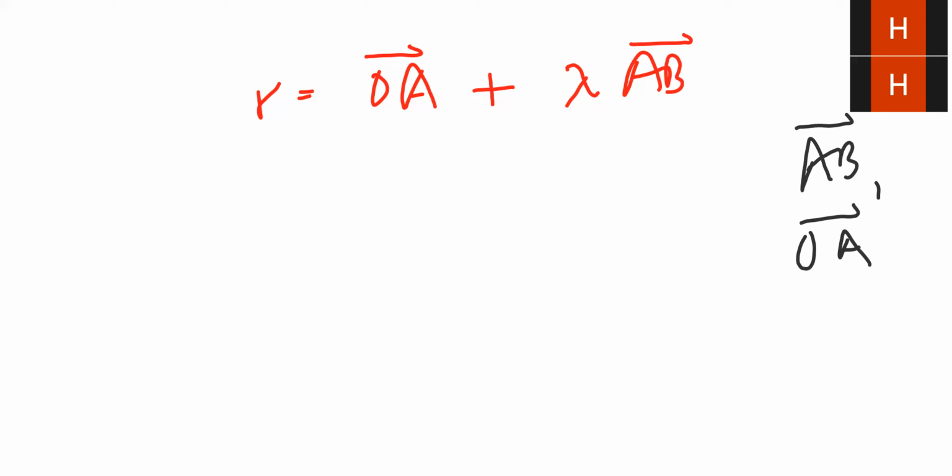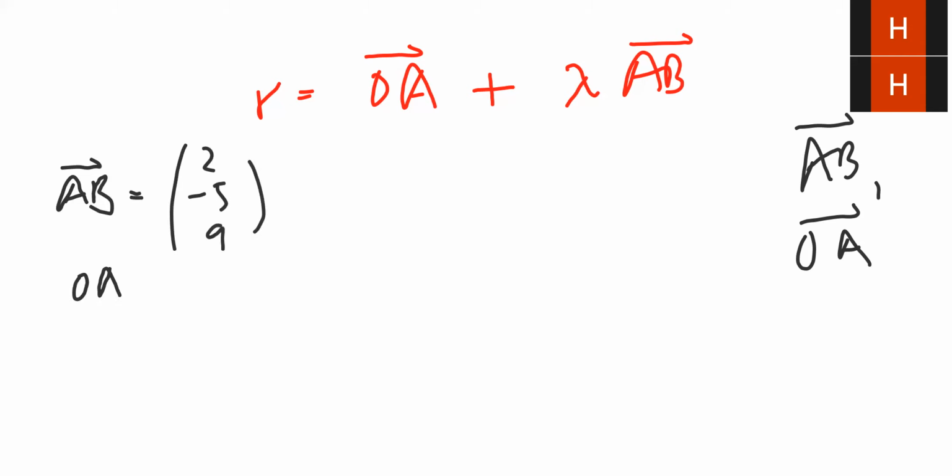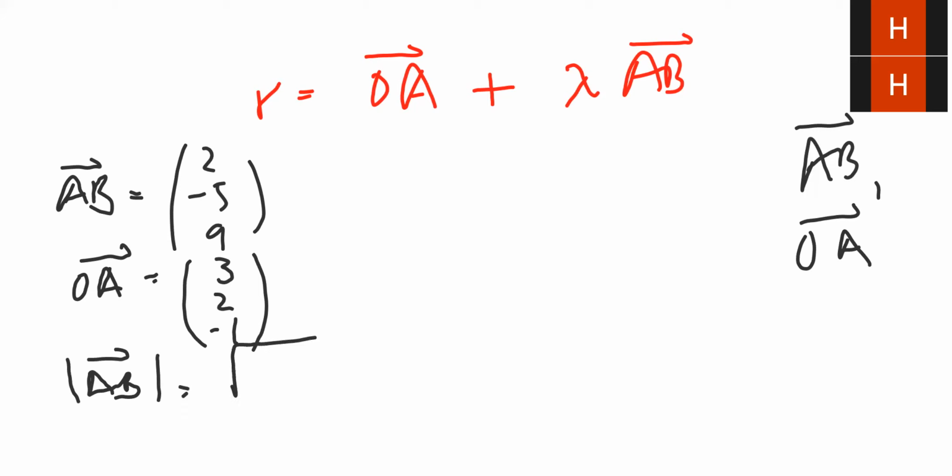So in this case, I have my AB as 2, -5, and 9. Then I have my OA as 3, 2, and -1. However, I haven't found the magnitude of AB, which would come out to be a square root.